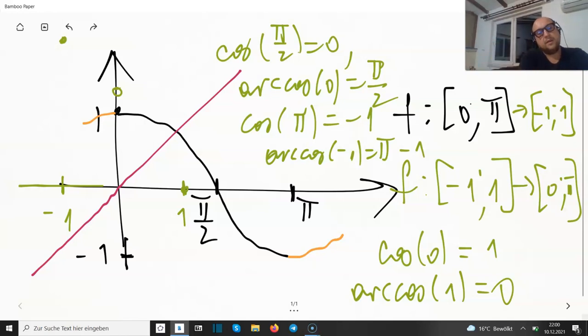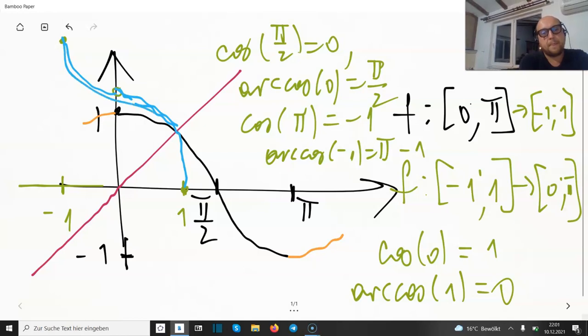I think I should be doing better with my properties in drawing functions. So at 1 we're at 0. I'm kind of making a circle, something like that, and we go up. Okay, this is an Arccos cosine.